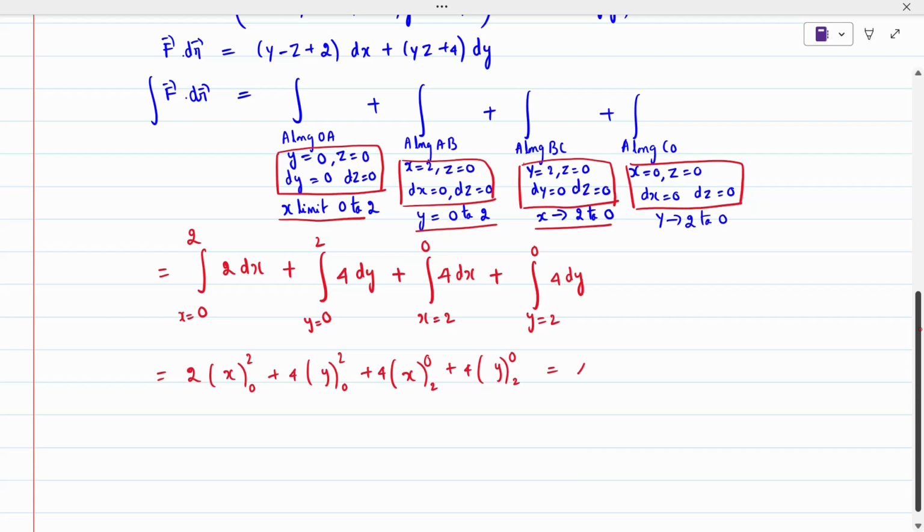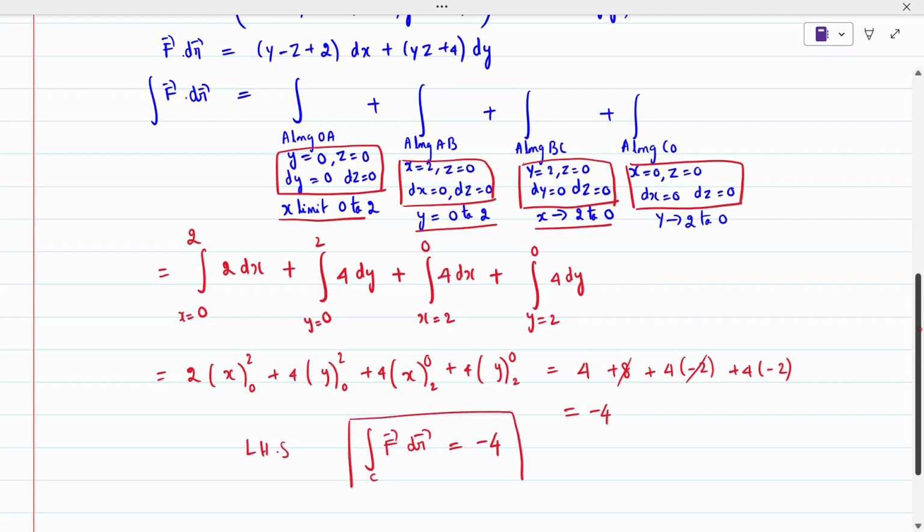Substituting, 2 into 2 is 4, plus 4 into 2 is 8, plus 4 into minus 2, plus 4 into minus 2, minus 8. Plus 8 gets cancelled, minus 8 plus 4, so minus 4. I'm getting the left hand side, the line integral of F into dr, equal to minus 4. This is the LHS. Same answer I should get for the right hand side. We will check whether we are getting it.